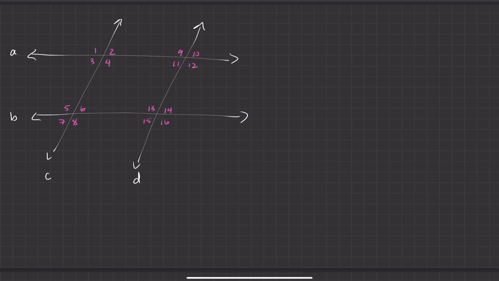So I have parallel lines cut by two transversals, and let's just assume that A is parallel to B and C is parallel to D. Now, what I need to go ahead and do is I need to recall the following.